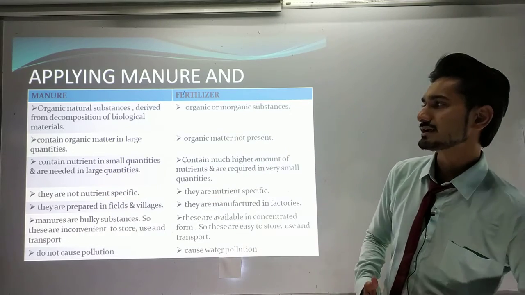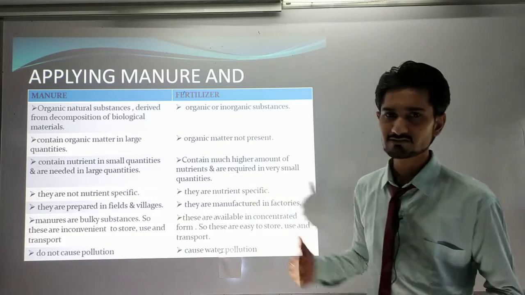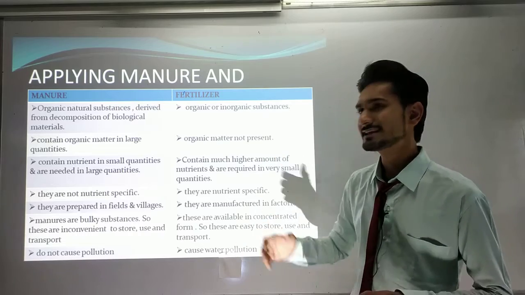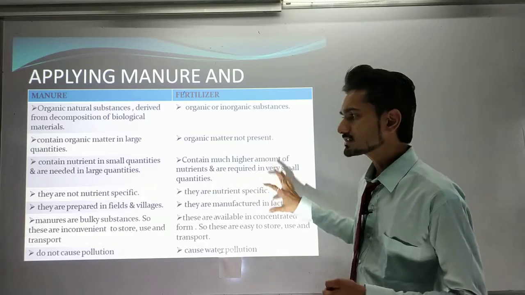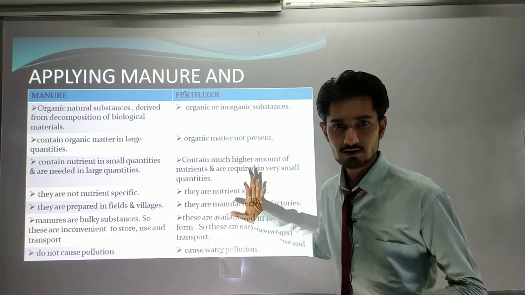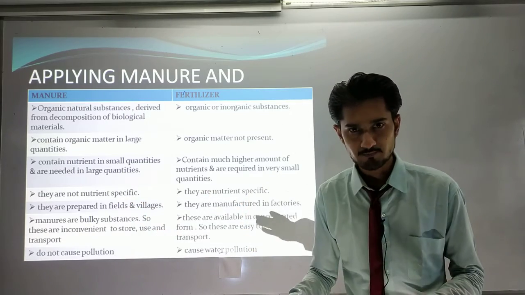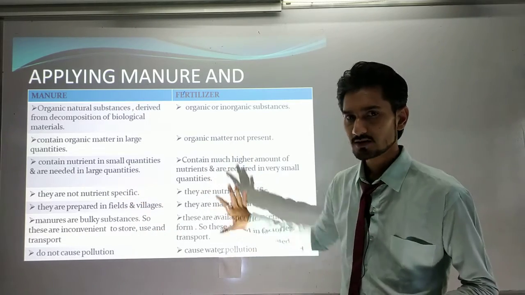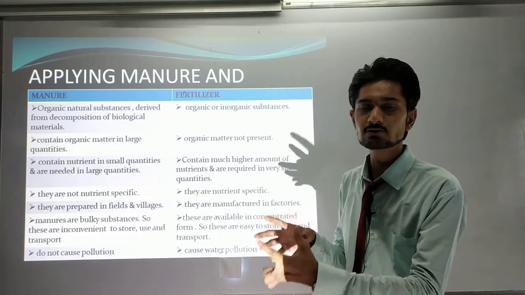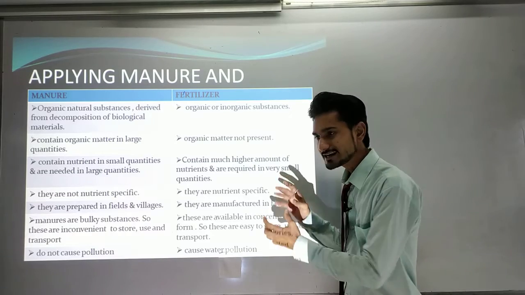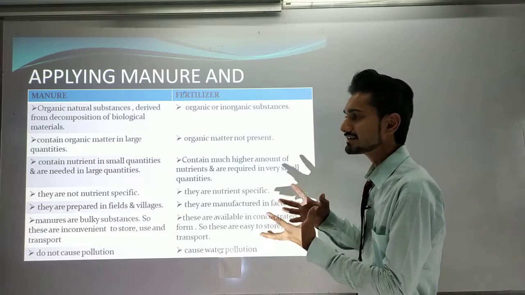Manure generally contains organic matter in large quantities, which is not at all present in artificial making, because there only chemicals are mixed up and then the fertilizer is made. Both do the same kind of work, but the process of making them is different. Their function is the same: manure increases the minerals and nutrition level in the soil, and fertilizer also increases the nutrition and minerals level in the soil.